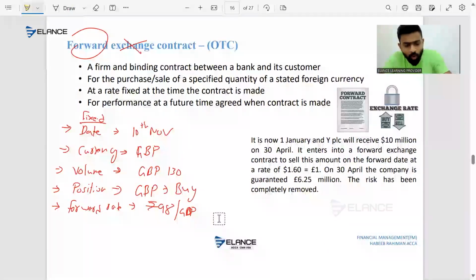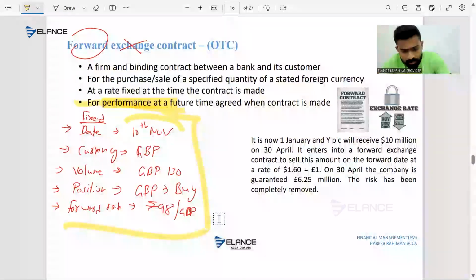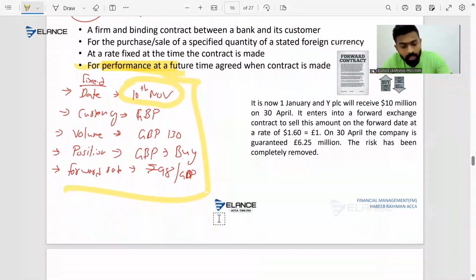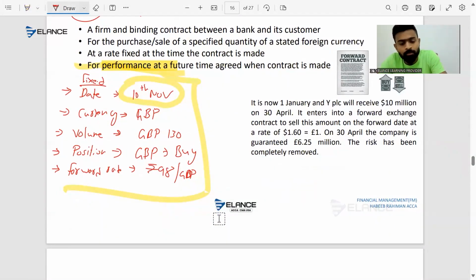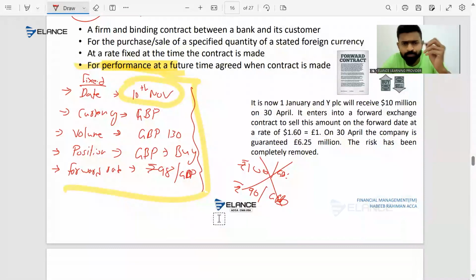So all these things we are fixing with the forward contract. On 10th November, the real forex rate might be 100 rupees per GBP or it might be 90 rupees per GBP. Whatever the rate, we are already locked at these conditions.